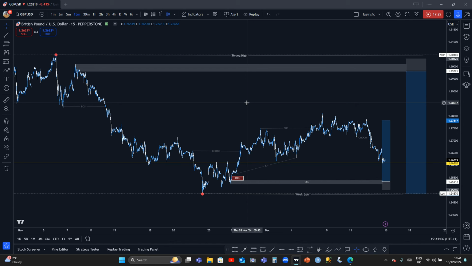We are starting from the higher time frame to establish our directional bias, to know exactly where the market is headed. Because if you just open your chart on the lower time frame, you will be shooting yourself because you won't know exactly what is going on.